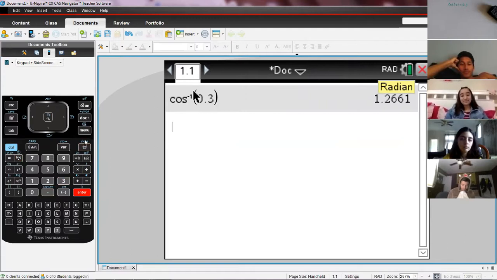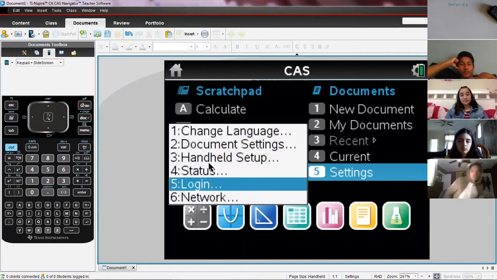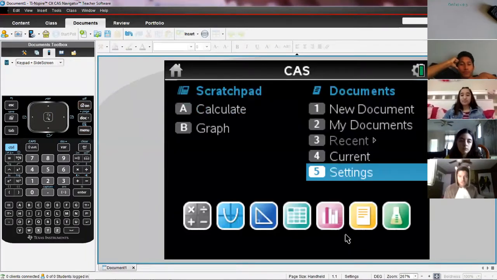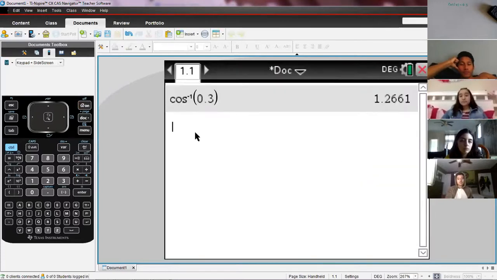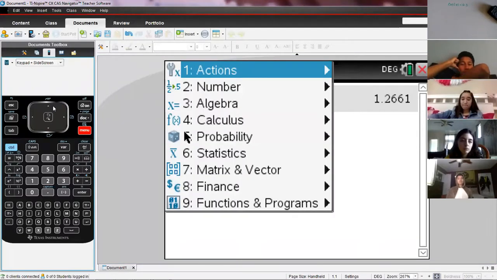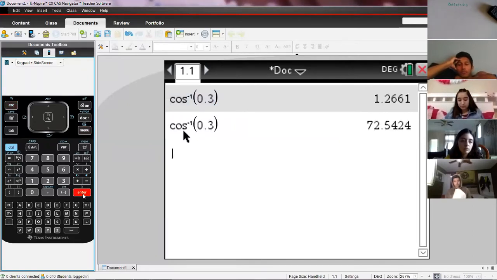If we want the value in degrees, remember to go to the home page, settings, document settings, change the radians by degrees, okay. Then go to current, yeah, number 4, and then you repeat the procedure. You go up, press enter, escape, press enter, and then you get 72.54 degrees. So it's the way we solve trigonometric equations.